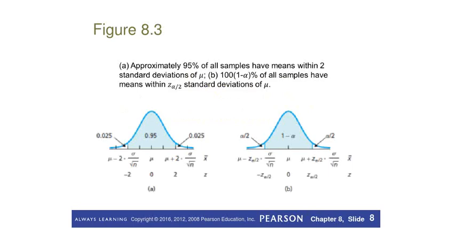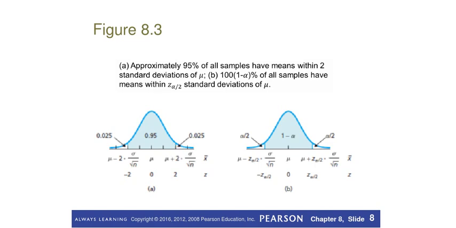Well, if we were to build a normal curve that contained all of the distribution of all of those values within our population, we might see that 95% of all of the data that we could get for our sample would fall within 2 standard deviations of the mean, 2 standard deviations above and below.